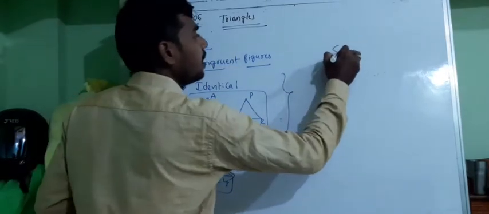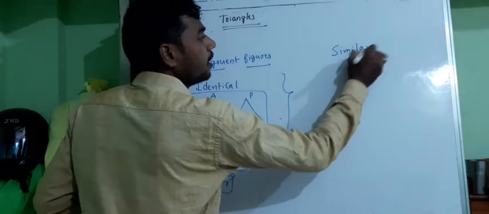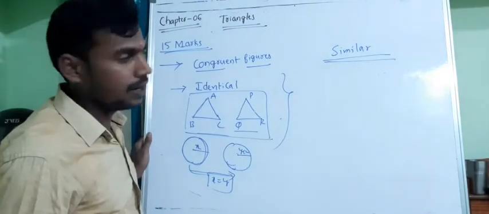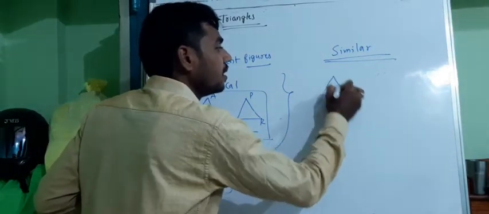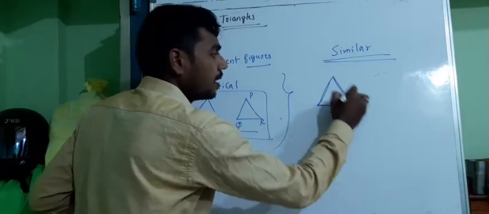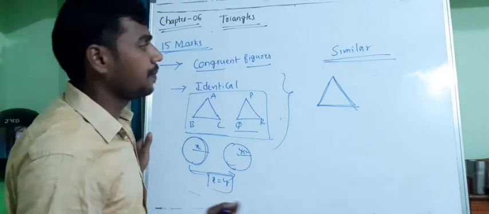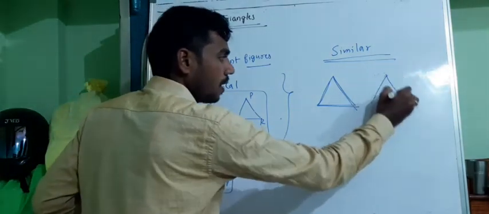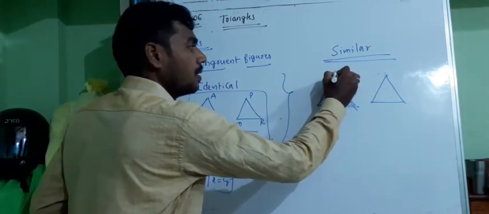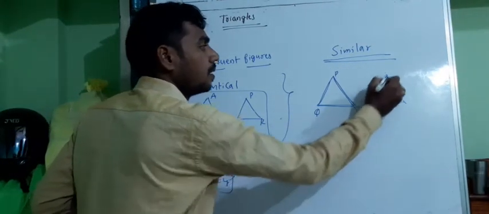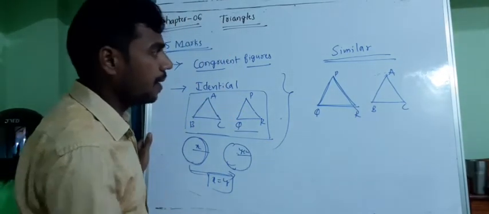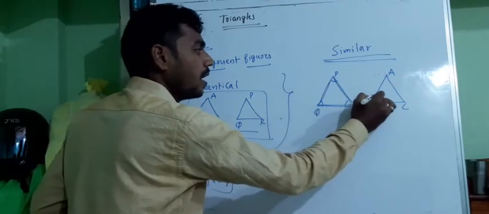Whereas in the case of similar, when do I say that two given figures are similar? If I want to say that two given figures are similar, the shape should be the same. If I take two triangles and want to call them similar, there are different criteria, but first we look for their angles and their sides.